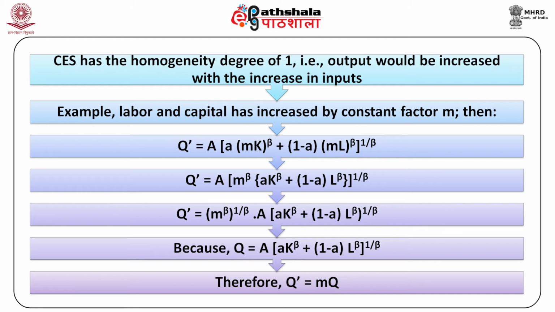Therefore, Q dash is equal to mQ. This implies that CES production function is homogeneous with degree 1.